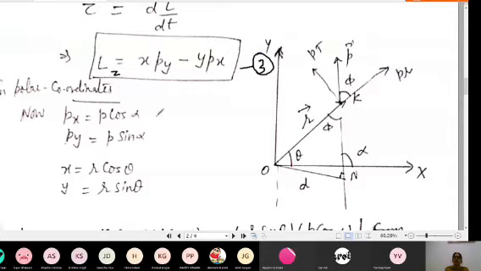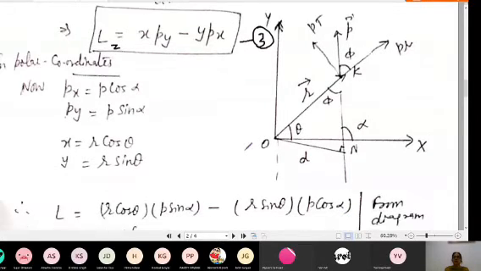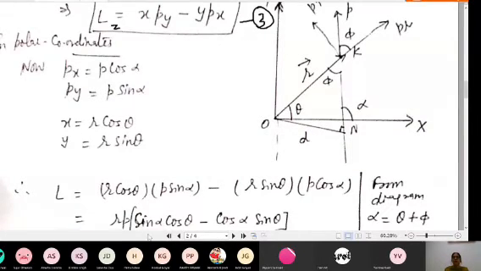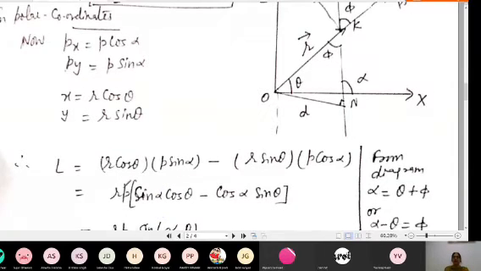So x is r cos theta, into p sine alpha for py, minus y, which is r sine theta, and px is p cos alpha. So r and p are common and can be taken outside. You can write it as rp into (sine alpha cos theta minus cos alpha sine theta).